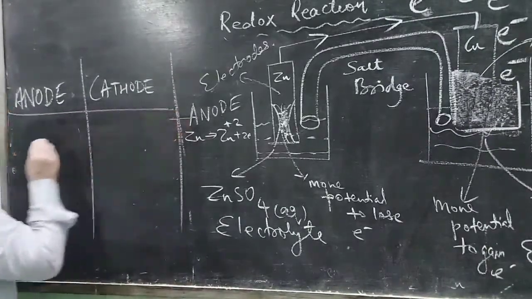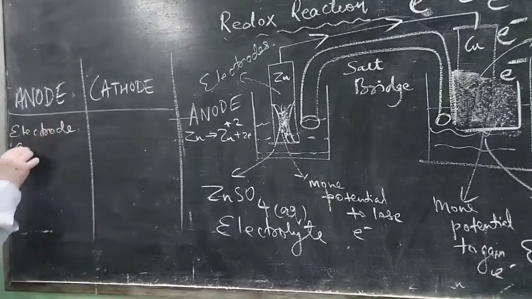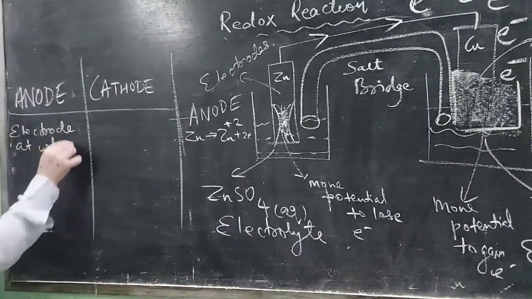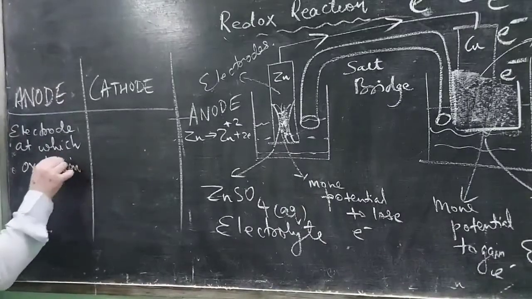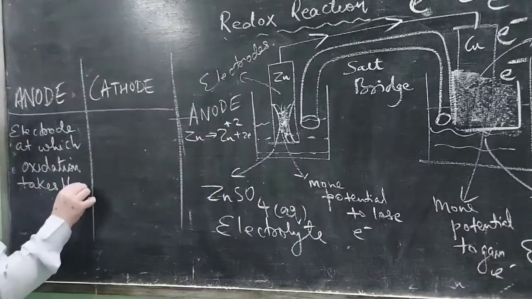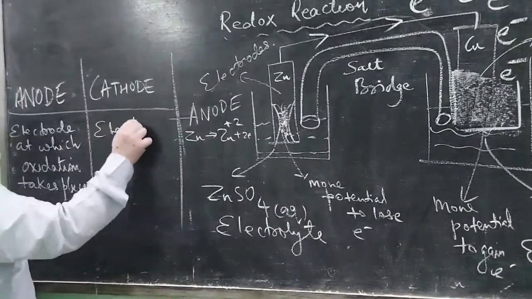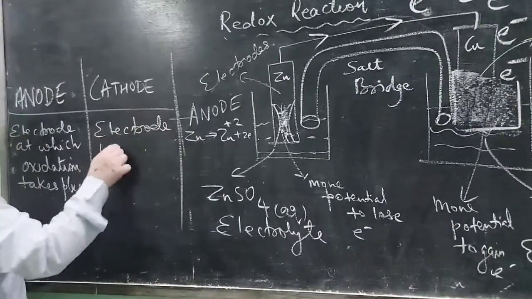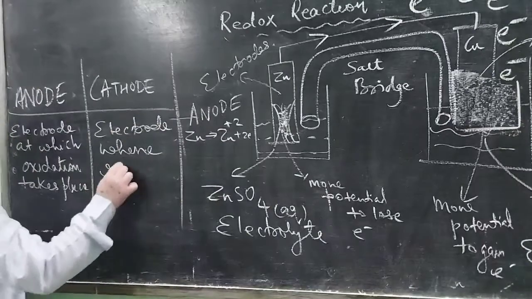Anode is the electrode at which oxidation takes place, and cathode is the electrode where reduction takes place.